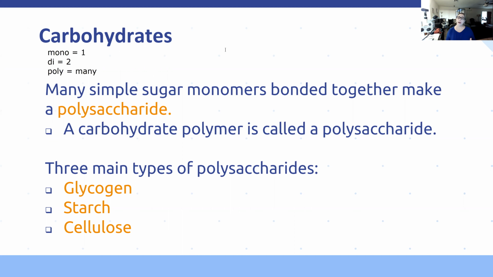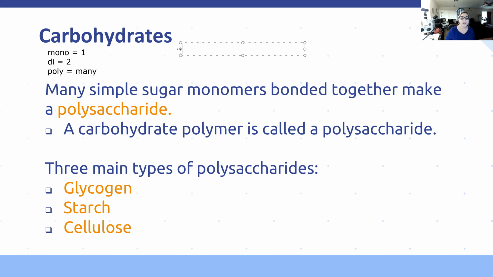So remember that monomer and polymer are generic terms. When you are talking about carbohydrates, the monomer is a monosaccharide or simple sugar. The polymer is a polysaccharide, which means many units, many simple sugars bonded together.